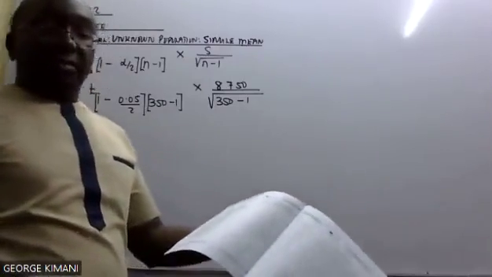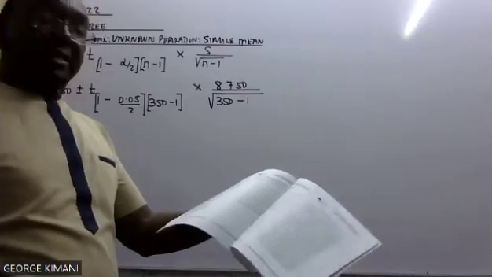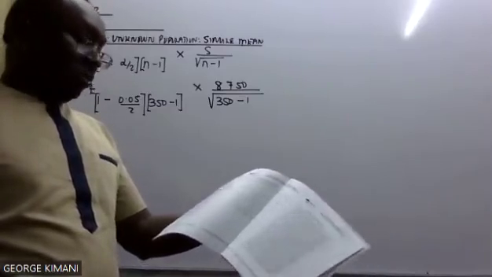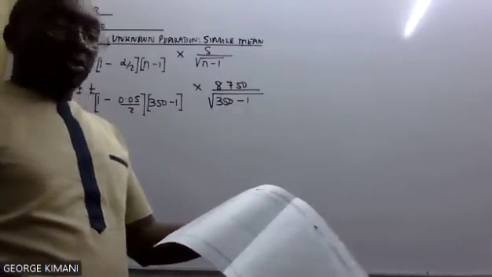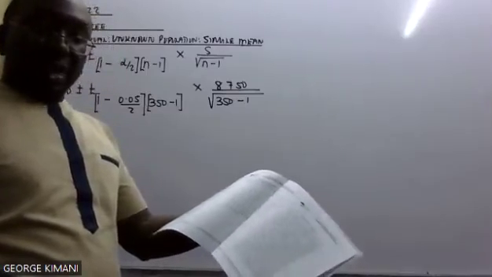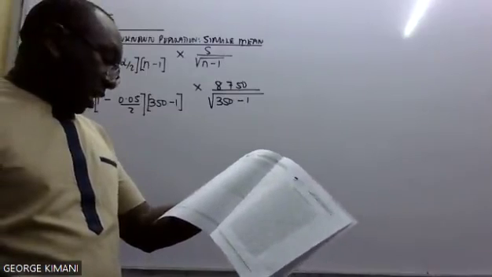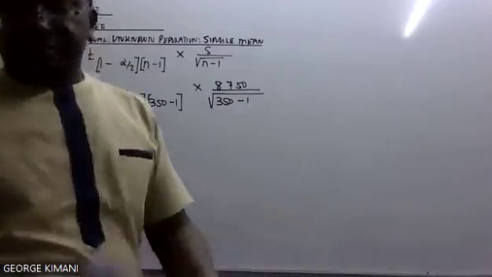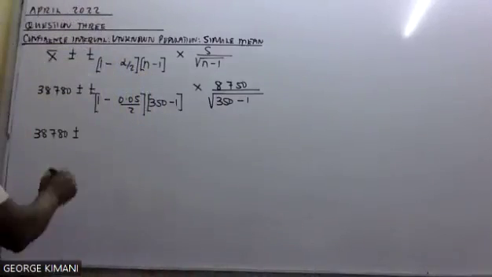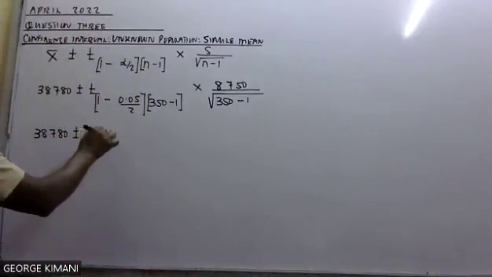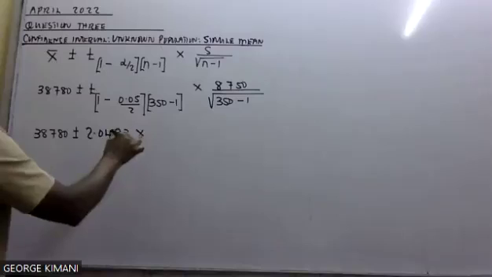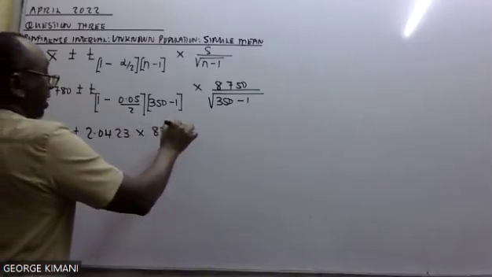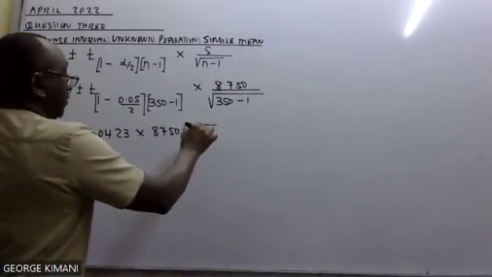And you realize that the table at hand has gone already up to 30. So I told you, if you are dealing with a figure that is outside your table, you go with the highest value in the table. So the highest value is 30. So we are going to get this from two-tail confidence, 95 and 30. What do you have? 2.0423. So this one you multiply by 8750, which is divided by the root of 349.